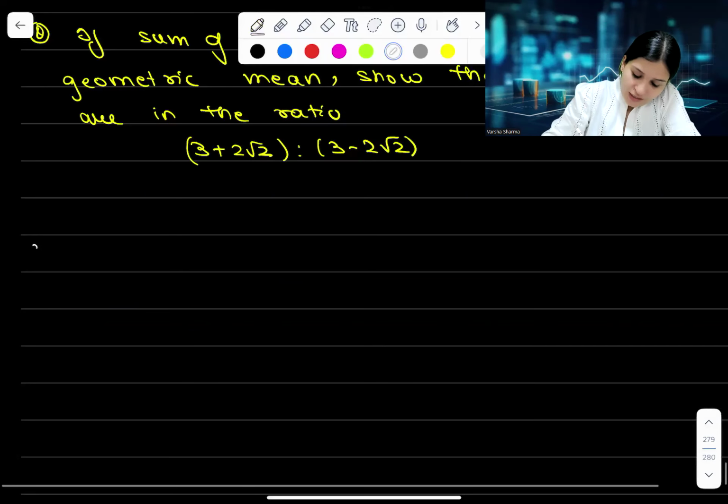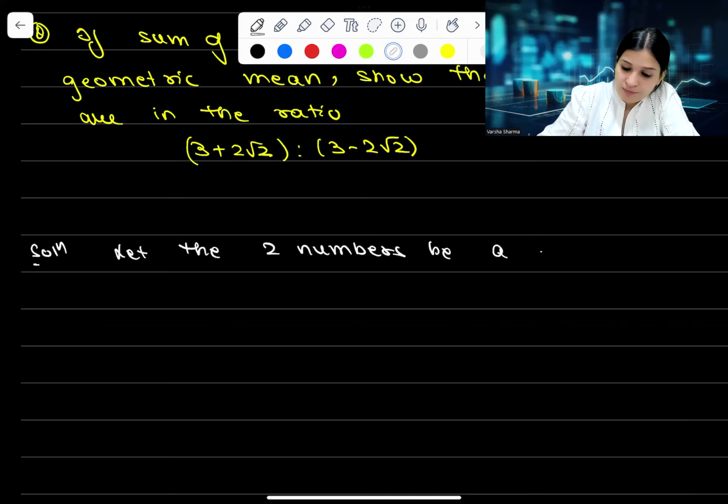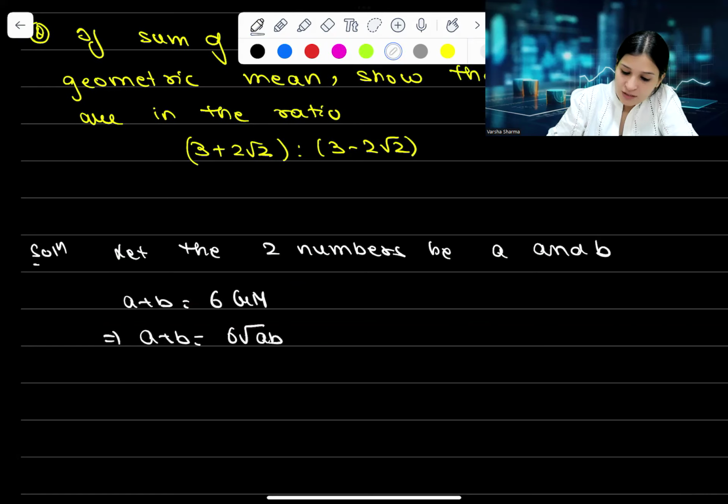Let's see. Let the two numbers be A and B. So the sum of the numbers, that is A plus B, is 6 times geometric mean. Geometric mean is root AB. Now we can put this in the formula.